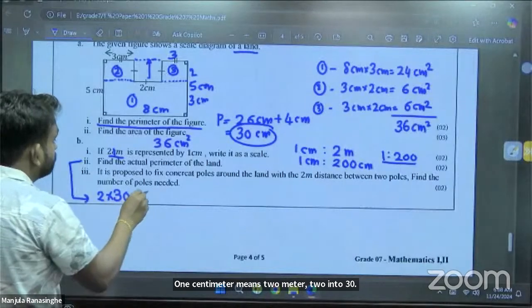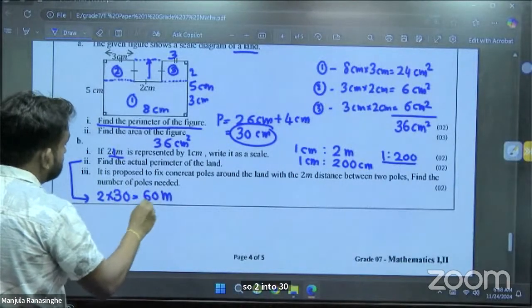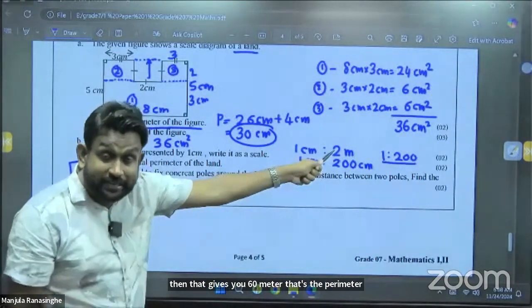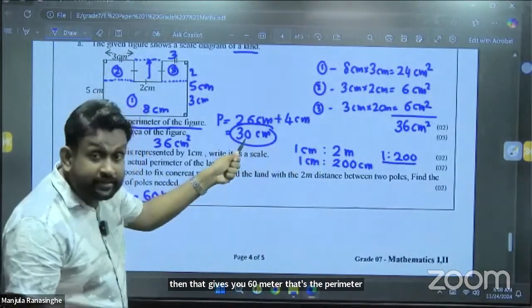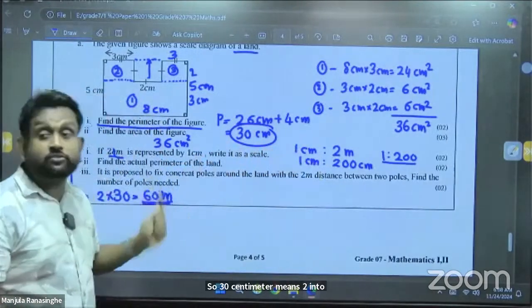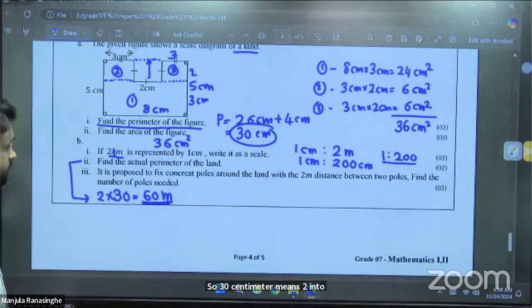That gives you 60 meters. That's the perimeter.